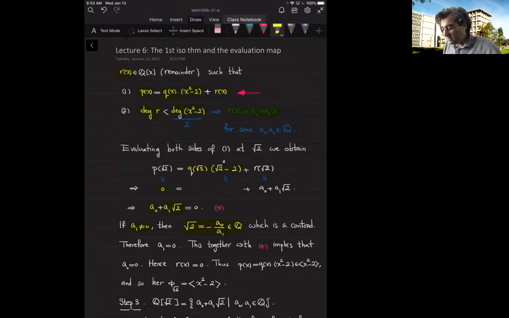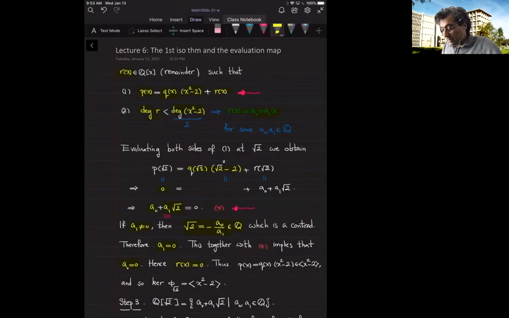But if a sub 1 is 0, if I go back to this equality, I deduce that a sub 0 is also 0. And therefore both a sub 1 and a sub 0 are 0, and that means my remainder is 0. That's exactly what we wanted to show.